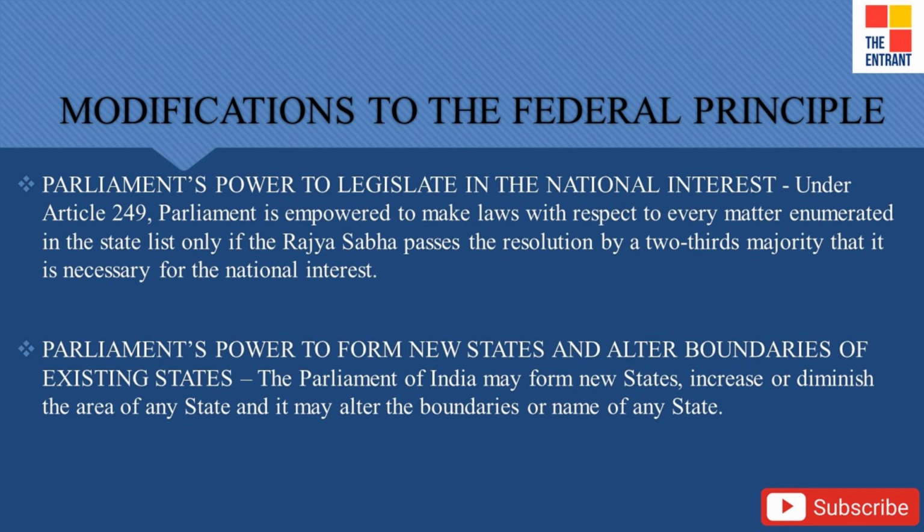Therefore, if we look at it objectively, Article 249 does not place the state in a subordinate position as the resolution is supported by the Council of States itself. Fifth, Parliament's power to form new states and alter boundaries of existing ones.